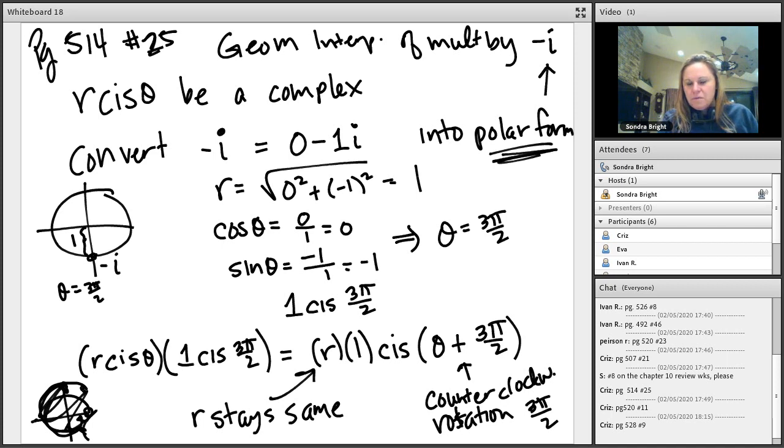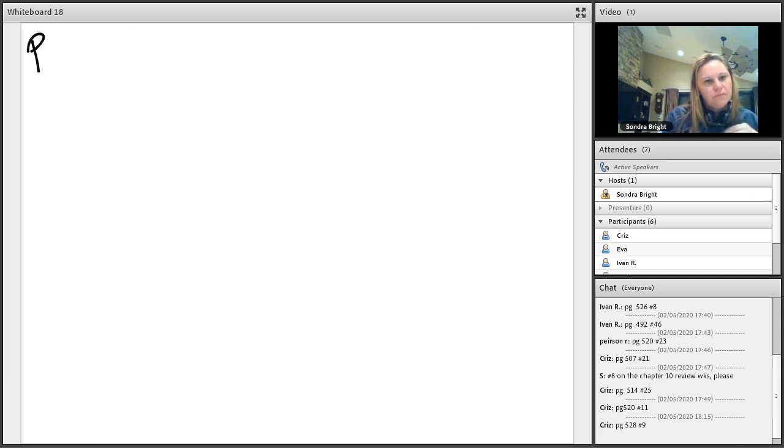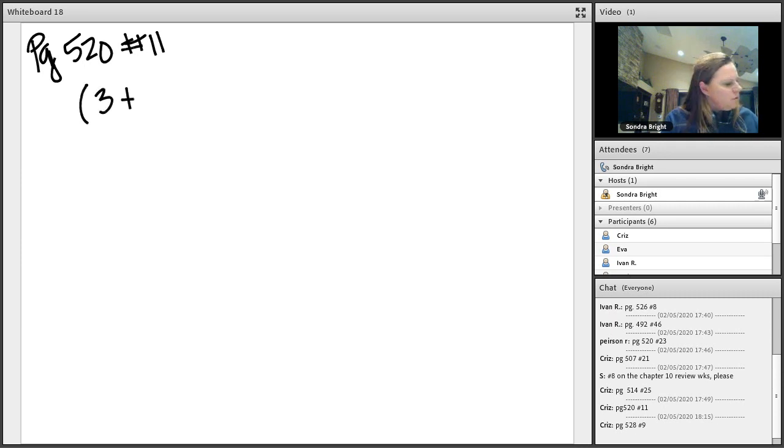And so we're on page 520, number 11. They want you to use de Moivre's theorem to evaluate each power and then express your answers in rectangular form.